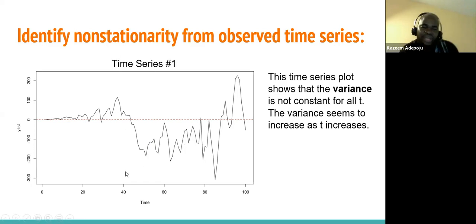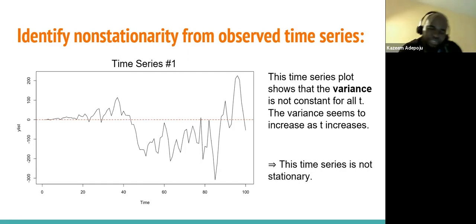So looking at a time plot, we will be able to see whether there's a change in variance over time and a change in mean. And when there is a change in variance or a change in mean over time, we say the time series is not stationary. It means it is non-stationary. That's what we mean by non-stationarity.